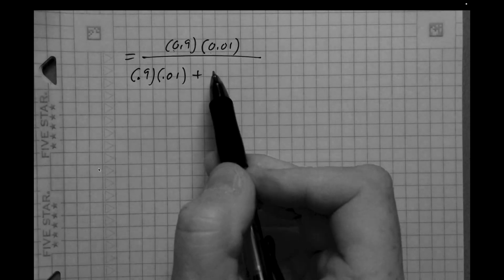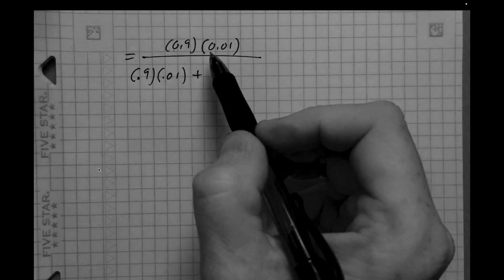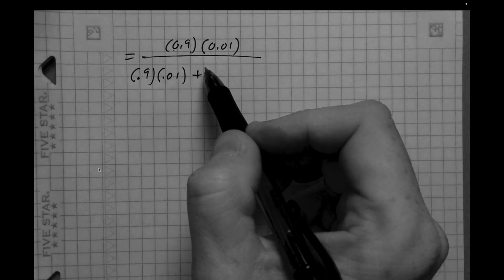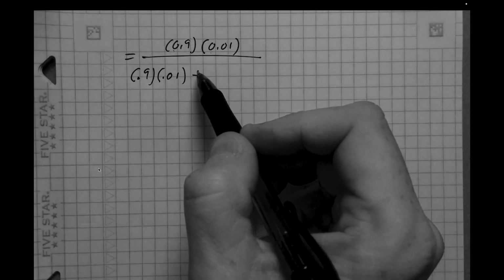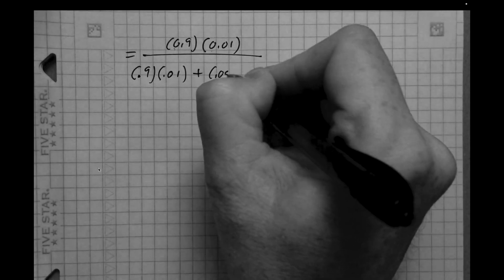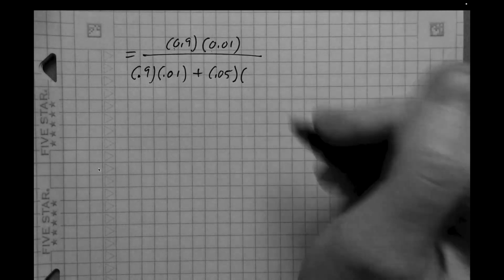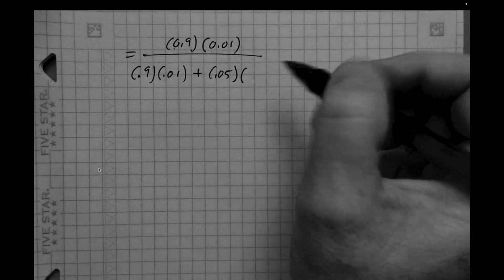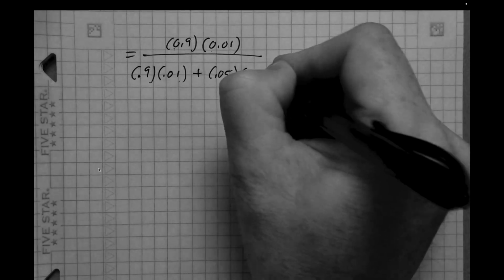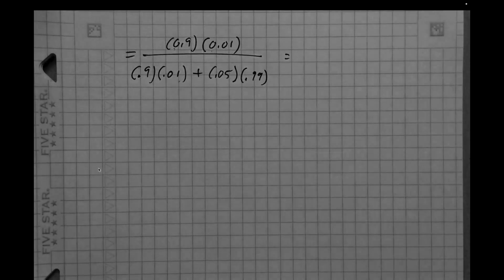And then what's the probability of a positive result given that you don't have the disease? Remember, that's the false positive, so that's 5%. And the probability that you don't have the disease is, well, 99%, right? It's 1% that you have it, 99% that you don't. So you just crank all these numbers out.